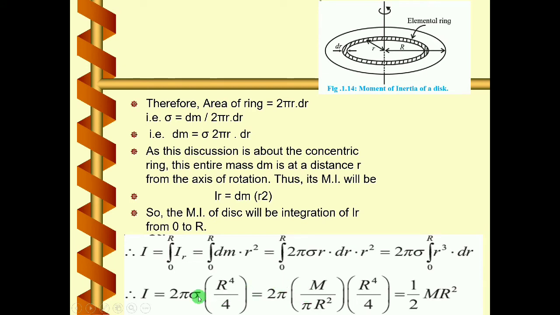Similarly, instead of this sigma you can write its expression. For the total disk, the surface density sigma will be M upon pi R square, as we already defined earlier.